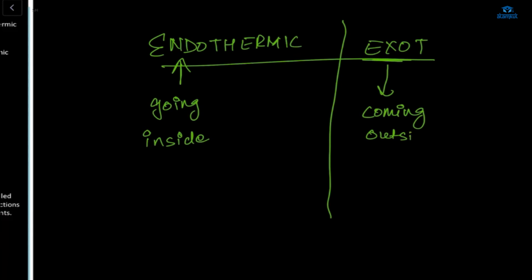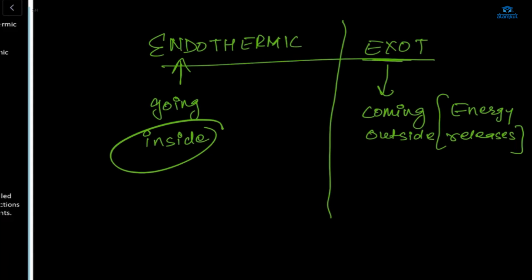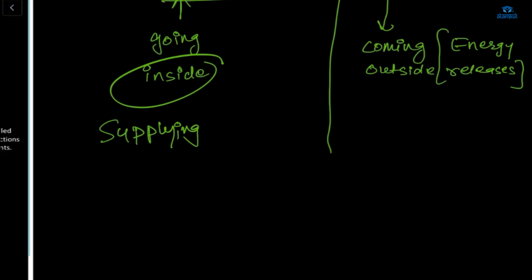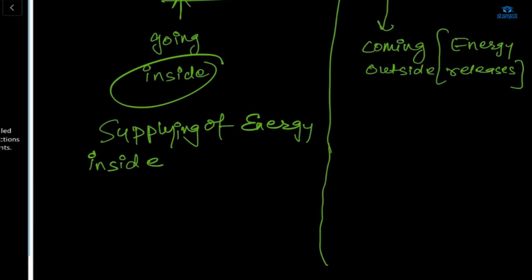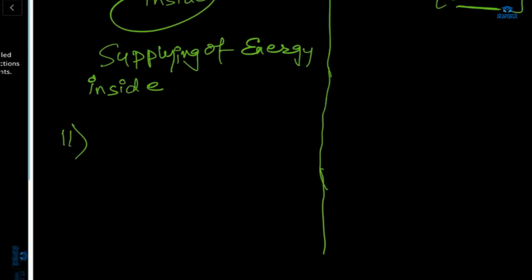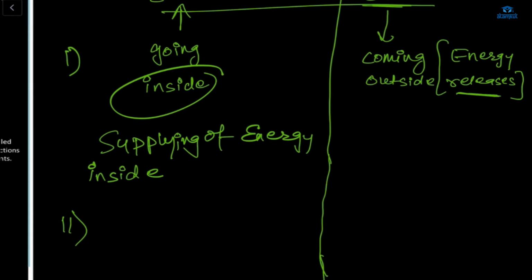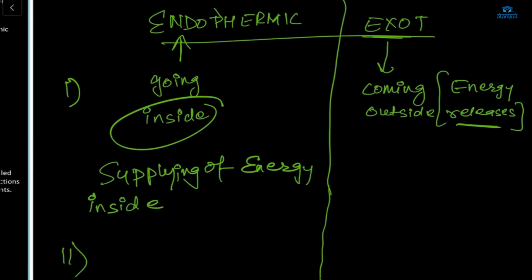Going inside means supplying of energy inside. We call it endothermic. Supplying of energy inside is endothermic, and when energy releases, it's exothermic. Navya, correct? Yes. Endo means inside, supplying energy inside. Exo means out, so energy releases.